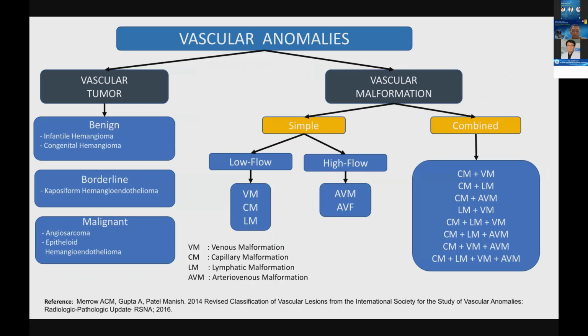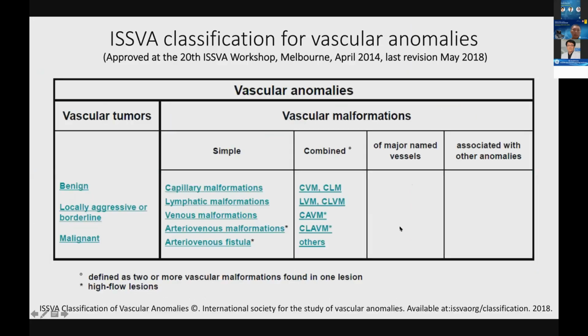The ISSVA classification divides vascular anomalies into two types, vascular tumor and vascular malformation. The simple one, low flow and high flow. So AVM on this side, we can see the high flow of the simple vascular malformations. As Prof. Sangyup already mentioned, there is a combined complex vascular malformation. This is the ISSVA classification, very useful, this is vascular tumor, and this is the simple one.